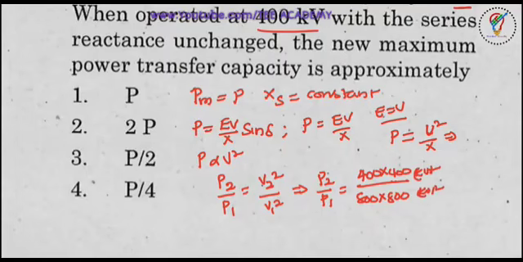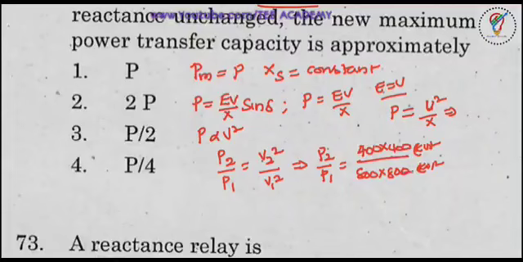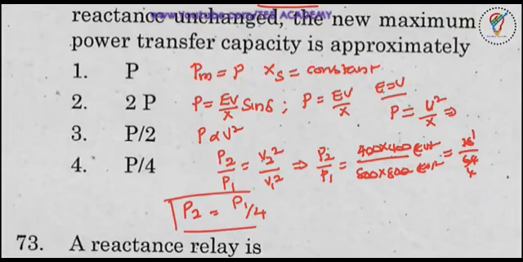So both get cancelled. Now see here, zeros cancel. Now 16 by 64. So 1 by 4. So P2 is equal to P1 by 4. So the final answer here, the fourth one, is the right option for this question.